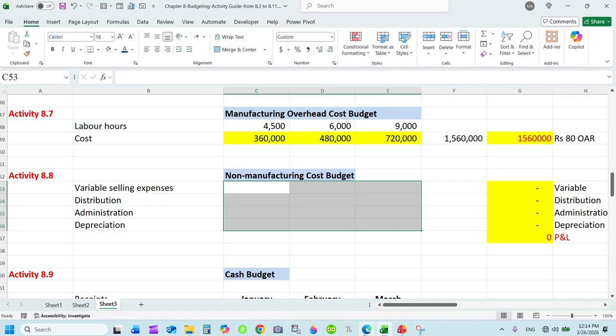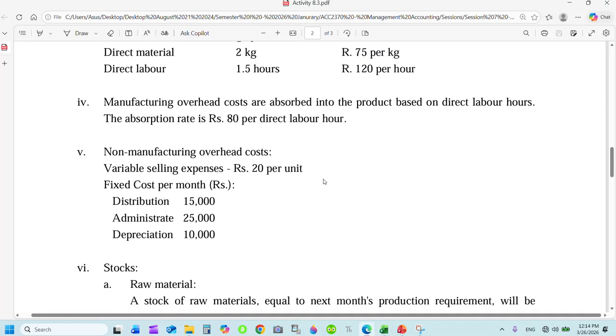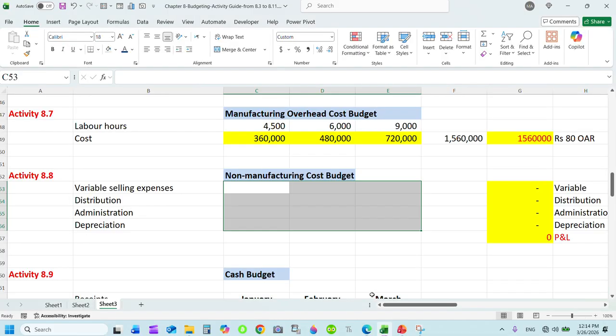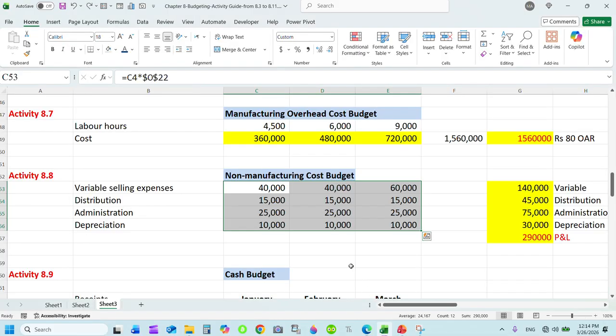So let's see what information is given here. Non-manufacturing overhead cost, variable selling expense. Selling expense is a non-manufacturing cost, 20 rupee per unit. So variable selling expenses are 20 rupee per unit.